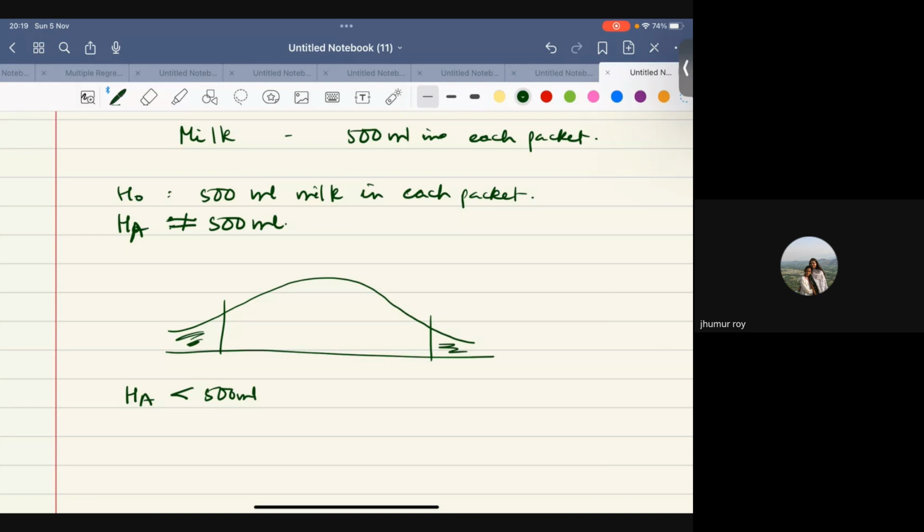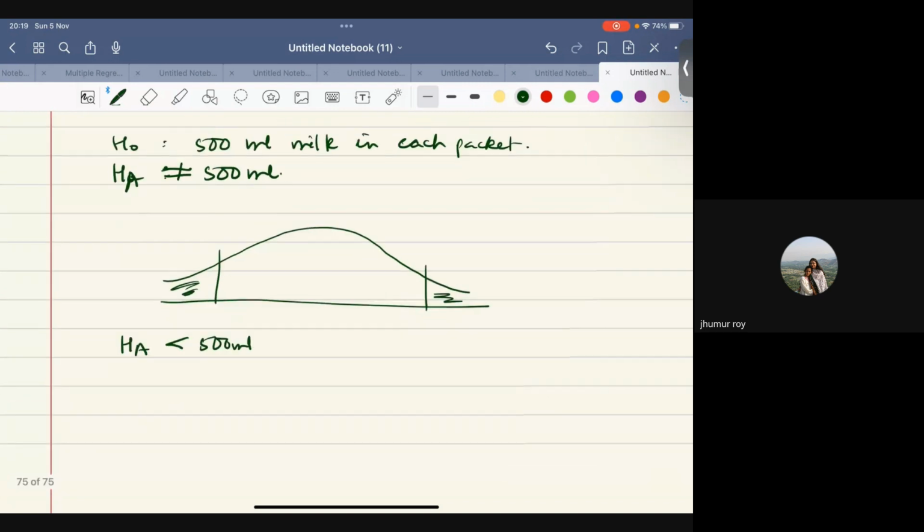Is it possible that in every packet when you're filling, the amount of milk is less than 500 ml? The third hypothesis can be that in every packet the milk is more than 500 ml. Clear? So there can be three alternative hypotheses depending on what you want to test.